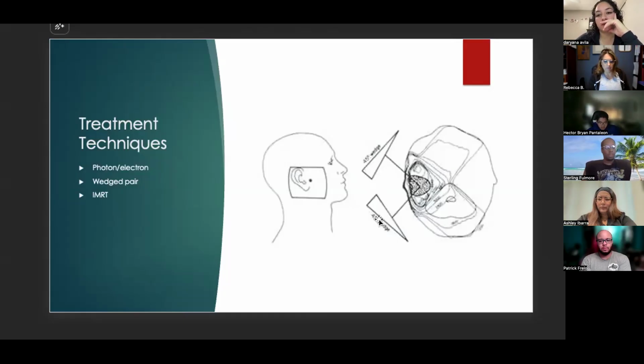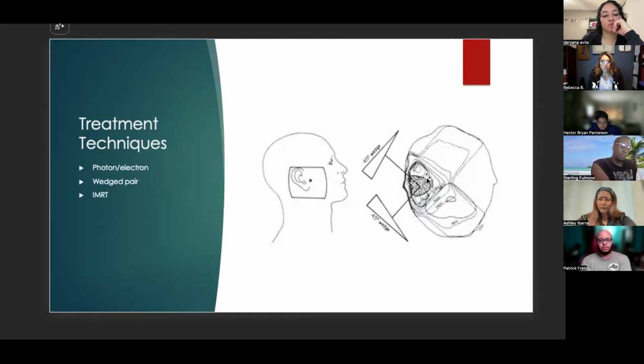And whenever we have a wedge pair on the table, we think, why? Why do I have this wedge pair on the table? Why does this look different than the rest of my treatments? Generally, it's because something's on the other side that we're trying to avoid. The goal of radiation therapy is always to give the maximum amount of radiation to the tumor and the treatment area while minimizing dose to healthy tissue.